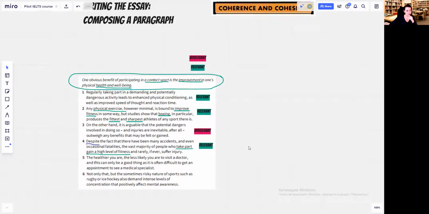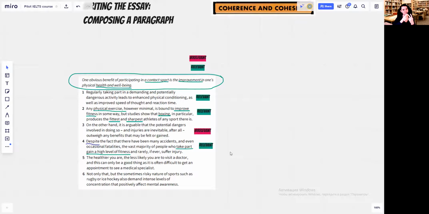Now, does it sound logical that the healthier you are, the less likely you visit a doctor? It does. Is it sometimes difficult to get an appointment? Yes, it's true. So this statement is both true and logical.